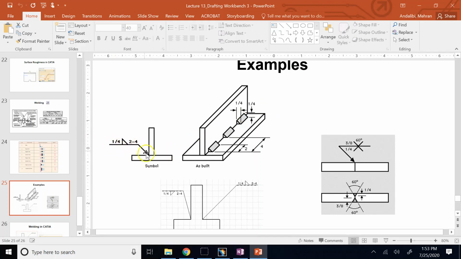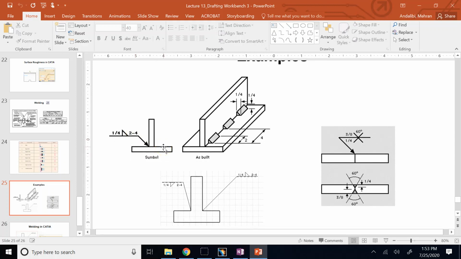So you use this leader symbol, and behind the symbol, this triangle is the symbol of fillet weld. Use a 1/4 on the back side, which means the thickness of the weld bead. Then you say 2-4. So do what? 2 inches long each time and with the spacing of 4 inches.